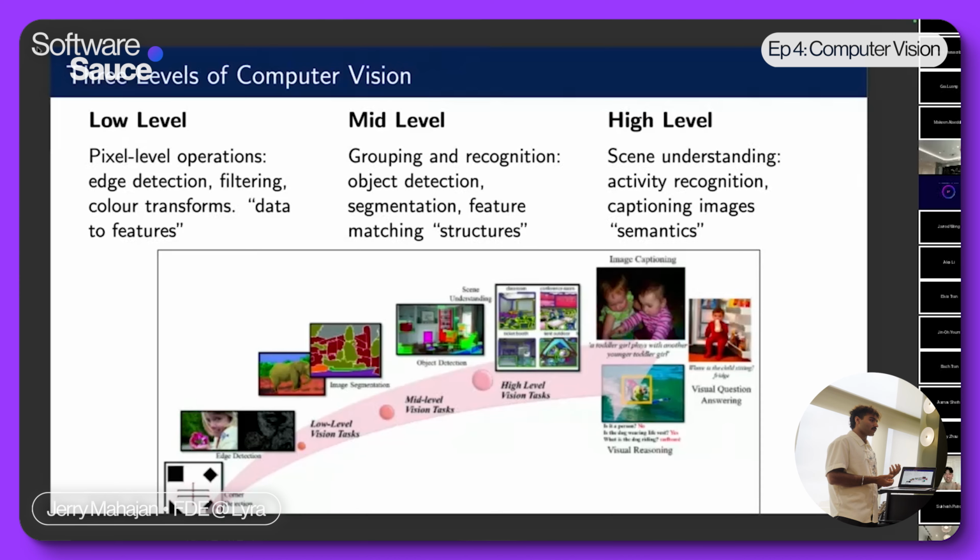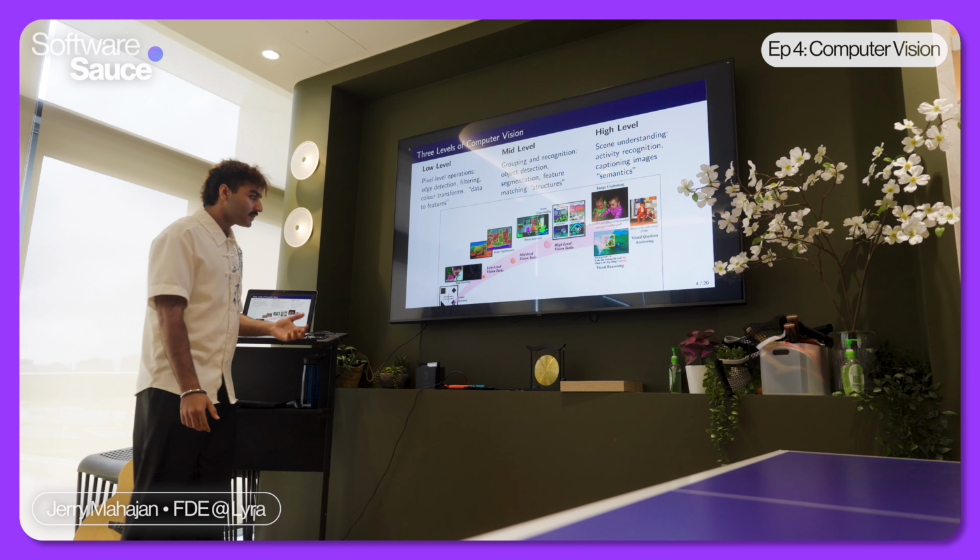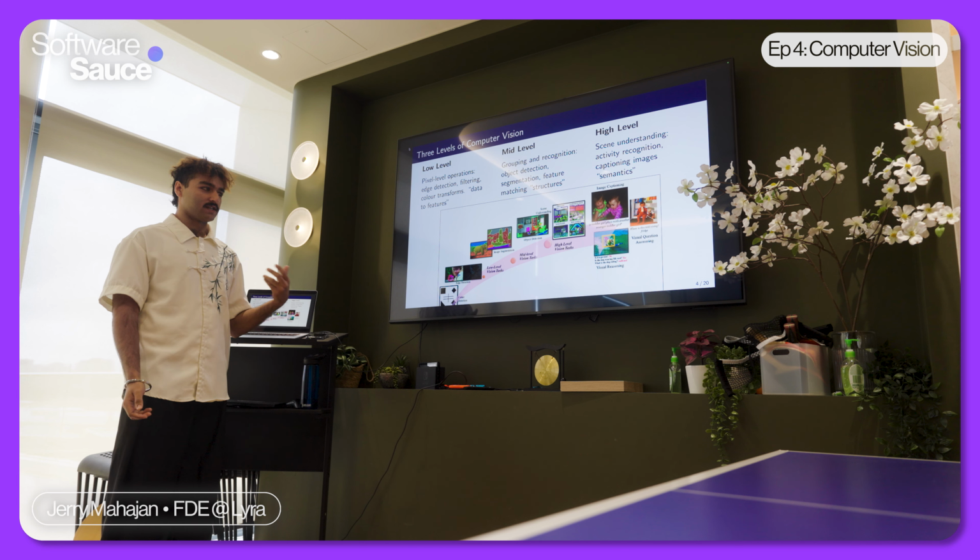Mid-level is all about structure, doing things like grouping and recognizing objects. We don't quite know what objects they are yet, but we know that there's something there. And then high level is understanding the semantics of the system, understanding what's actually going on. Seeing that, oh, there's two babies, one's wearing green, one's wearing pink, one's probably a boy, one's probably a girl. So let's start at low-level vision and see what happens.